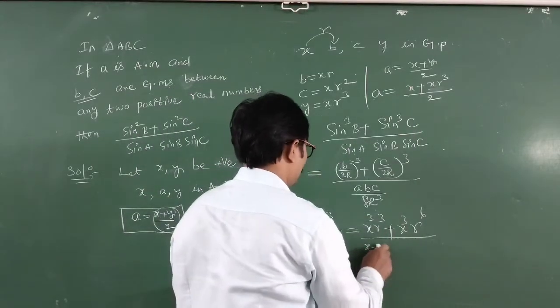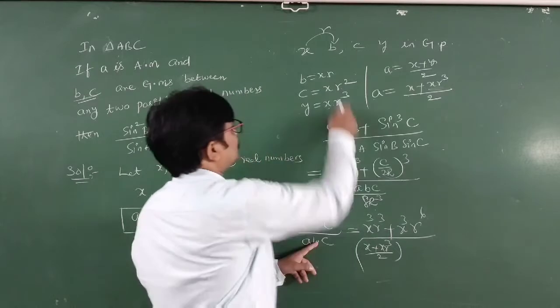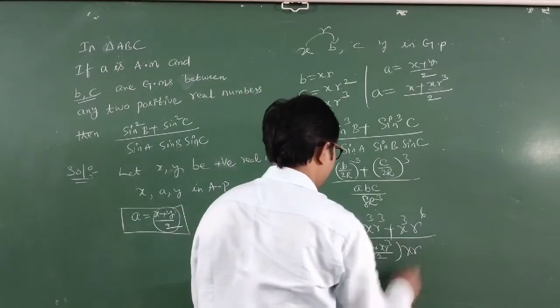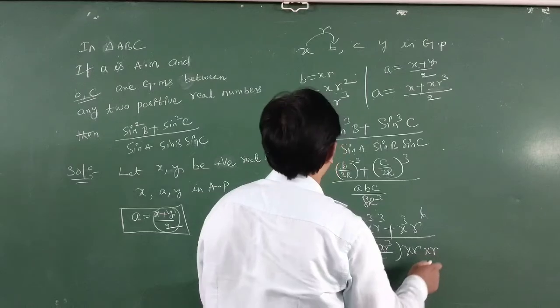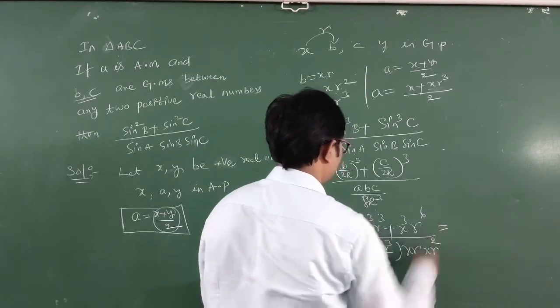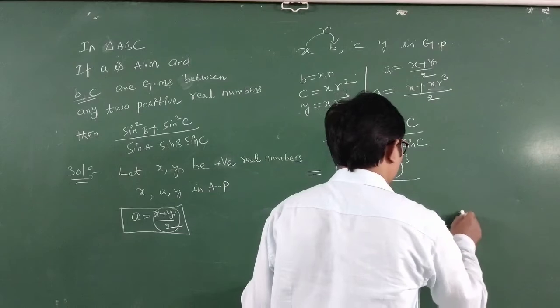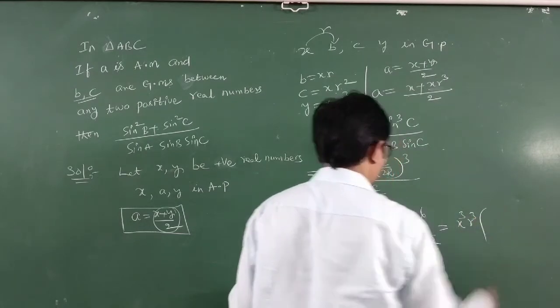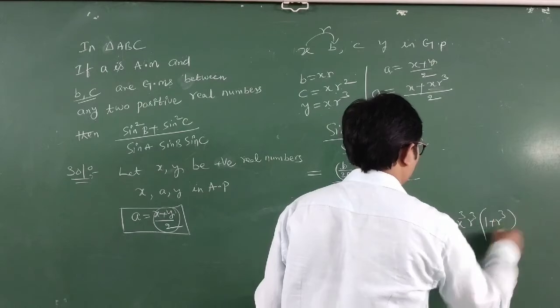The small a is (x plus x r cube) by 2. What is the small b? That is xr. What is the small c? X r square. This is, students, the common term is x; x cube r cube is common. Yes, this is 1 plus r cube.